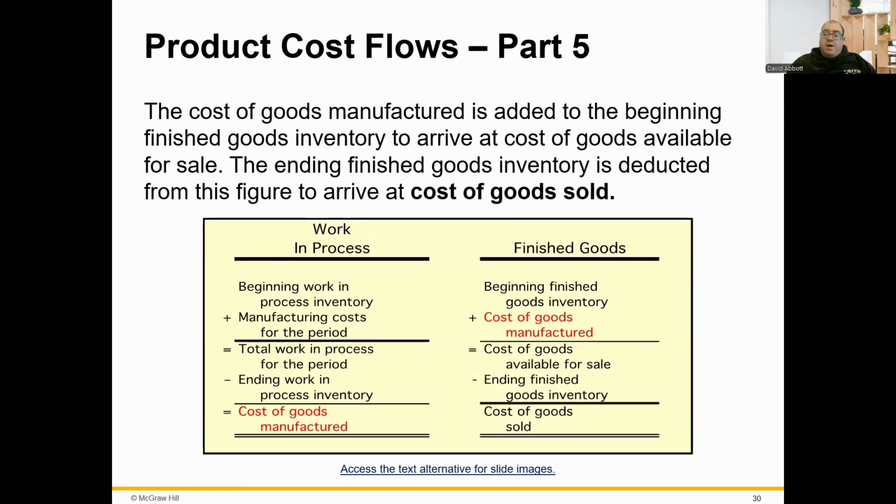Then the cost of goods manufactured is added to the beginning finished goods inventory to arrive at the cost of goods available for sale. The ending finished goods inventory is deducted from this figure to arrive at the cost of goods sold.